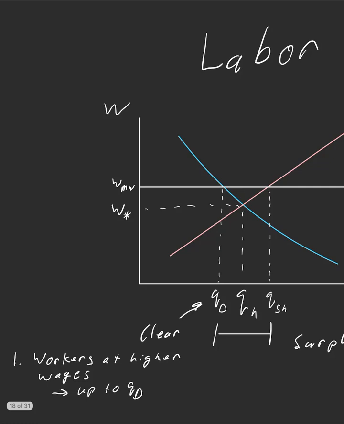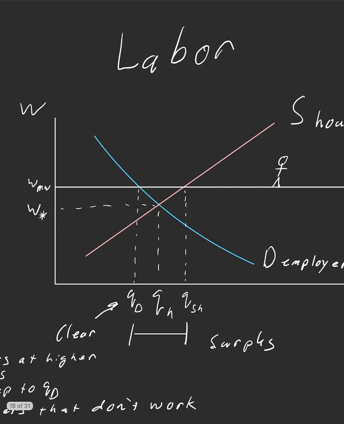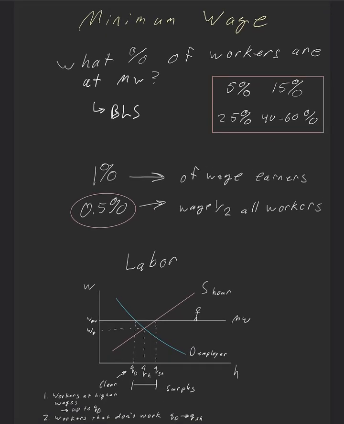But, of course, there's a second group, workers that don't work at all. These are all the people between the quantity demanded and the quantity supplied in this case. Those people are then unemployed.